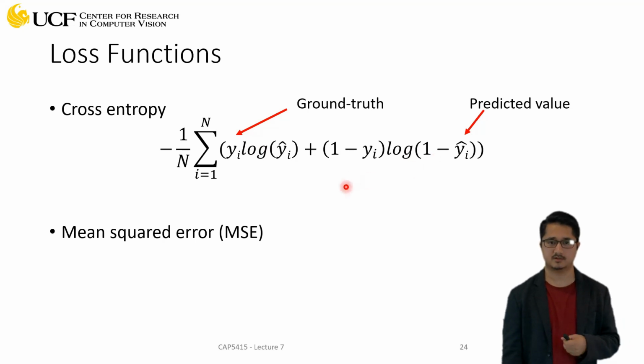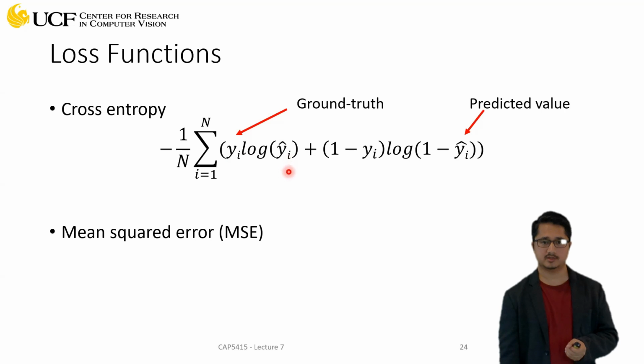Now let's consider the other case when, let's say, the ground truth was 1, but the network said it's not present. Okay, so in that case, let's ignore this first one. Let's go to this. So in this case, this will be 0, that's the predicted value, and log 1 is going to be 0. Again, you can ignore this term, because if you multiply anything with 0, that's going to be 0.